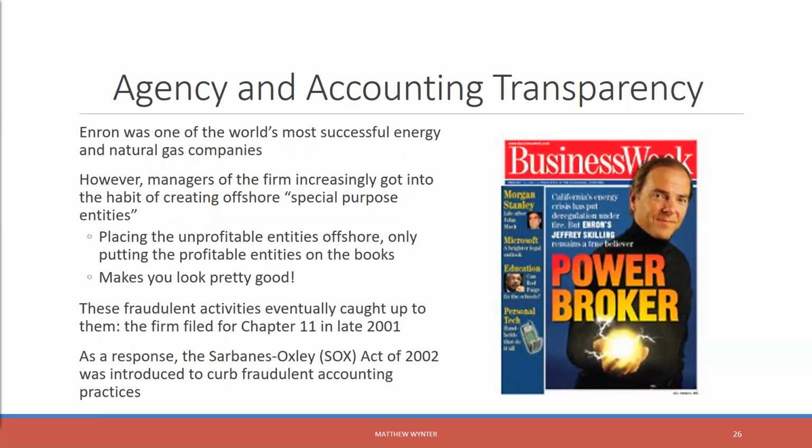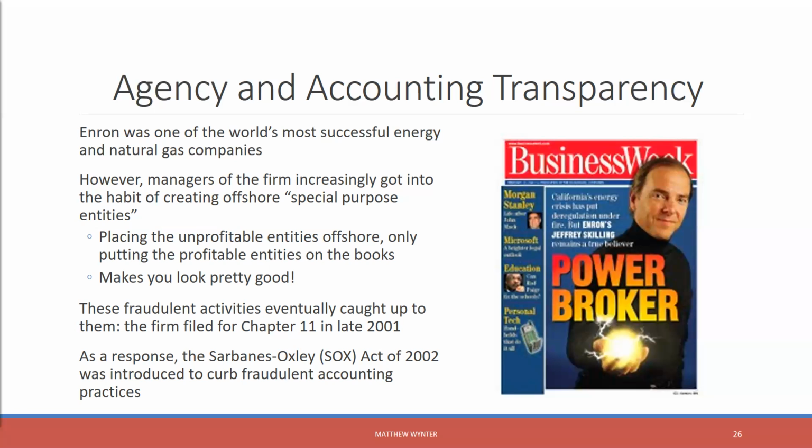They would take unprofitable entities, put them offshore, and then keep the profitable entities on the books. They would also engage in these dealings with related and owned companies. All of this was done as a way to basically keep the accounting numbers looking good. And these fraudulent activities eventually caught up with Enron and they filed for Chapter 11 for bankruptcy in late 2001.